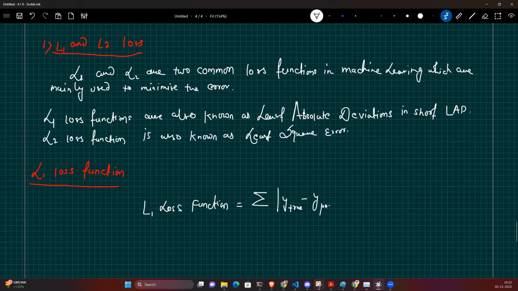This is L1, known as least absolute deviation. Why do we call it absolute? Because here we are not going to consider any positive or negative direction. It's an absolute magnitude, we only consider the magnitude. This is our L1 loss.